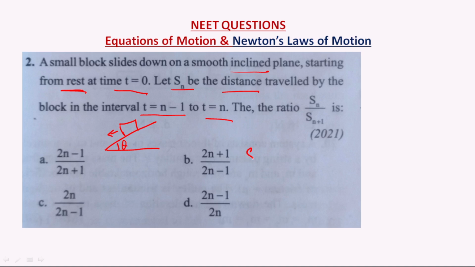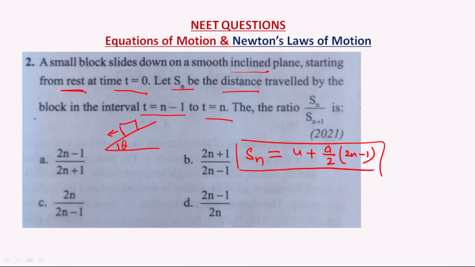So we know that the formula to find out the distance travelled by any body in the nth second is u, its initial velocity, plus a by 2 into (2n minus 1). Utilizing this formula, we can find out the distance travelled by a body at one particular second, the nth second.